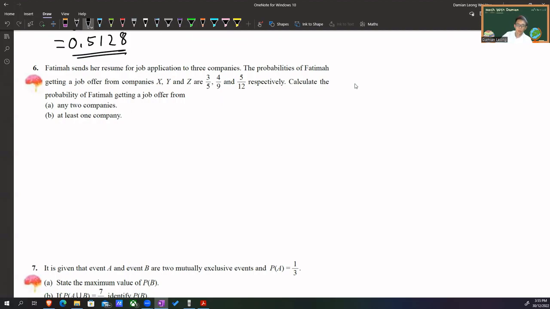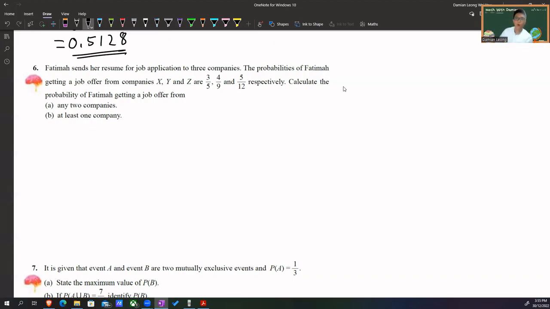Okay, so probability that Fatima gets a job offer from any 2 companies means, yeah, it can be from X and Y, from X and Z, or from Y and Z.